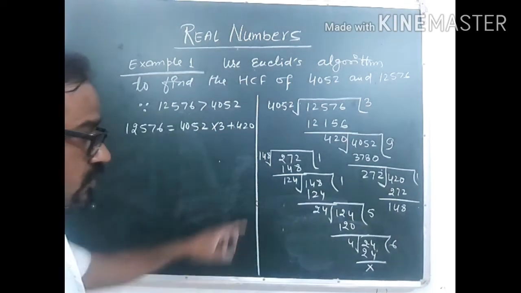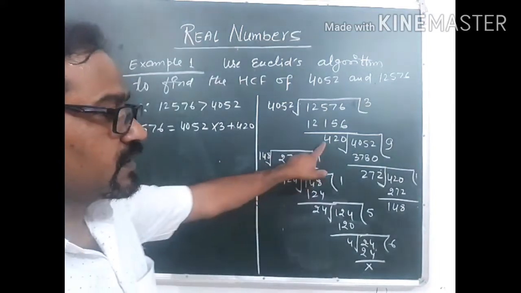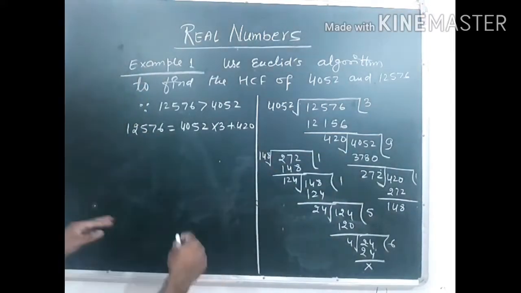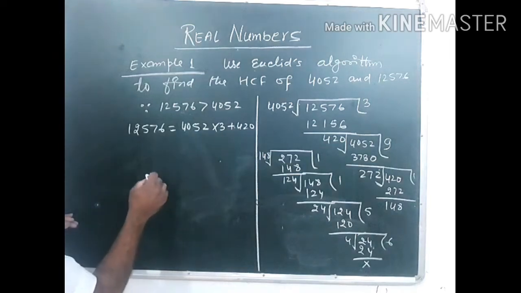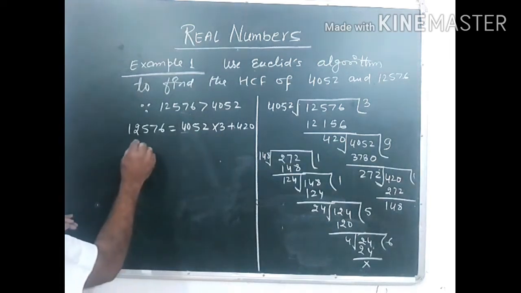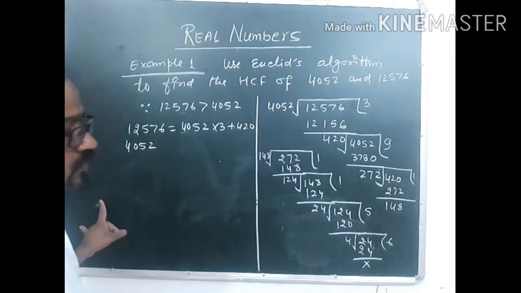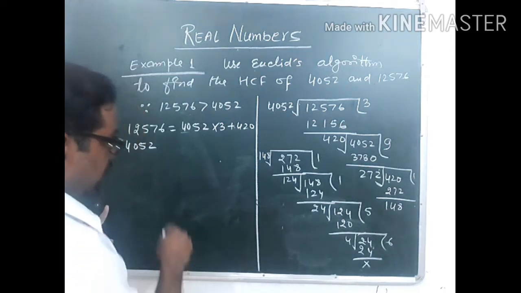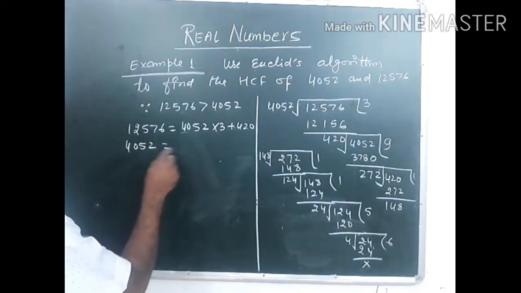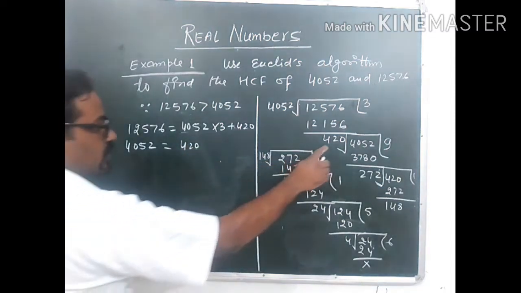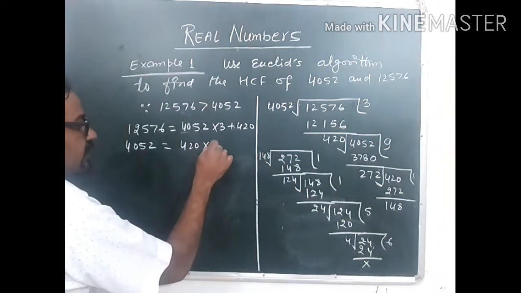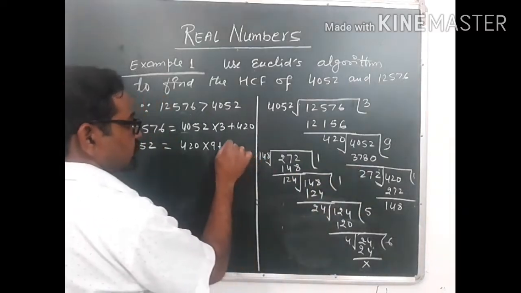Now the divisor is 4052 and the remainder is 420. In the next step, 420 will be the divisor and 4052 the dividend. It means we will divide 4052 by 420. 420 nines are 3780, and the remainder is 272.